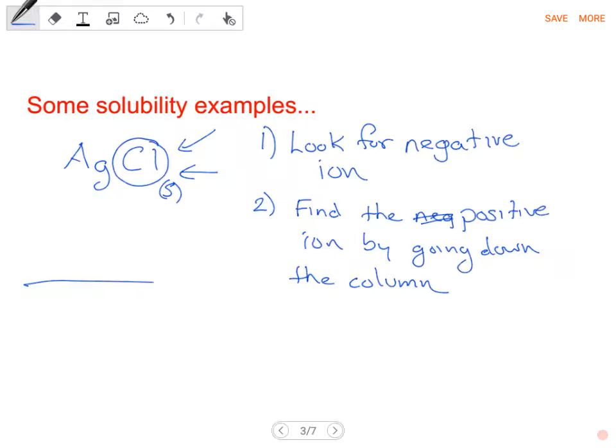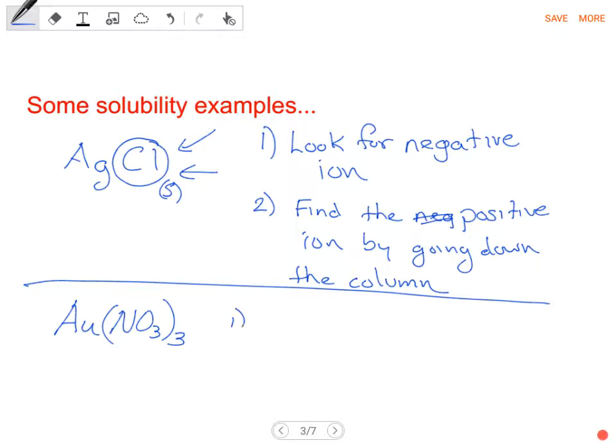Let's try another one, just for the heck of it while we're here. Let's try AuNO3. Okay. Number 1, look for the negative ion. In that case, it's always, remember, the rear one.